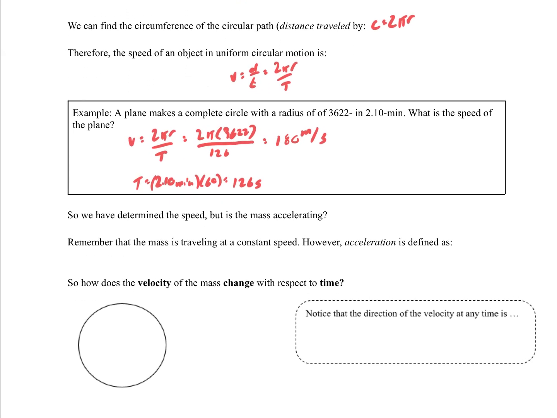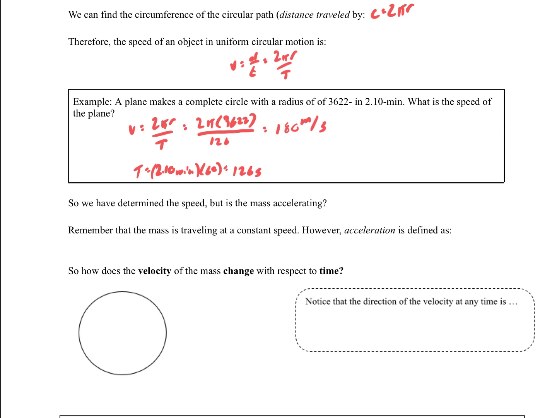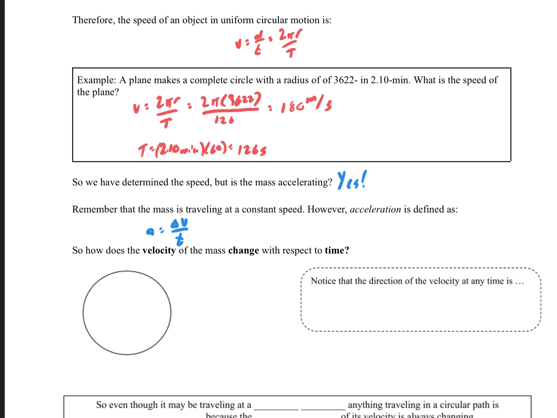So basically we've determined the speed, but is the mass accelerating if something is moving in a circle? And the answer is yes, it is accelerating. Remember that acceleration is a change in velocity per time unit. In a circle, the object has a tangential velocity, and that's what we'll be looking at most of the time.